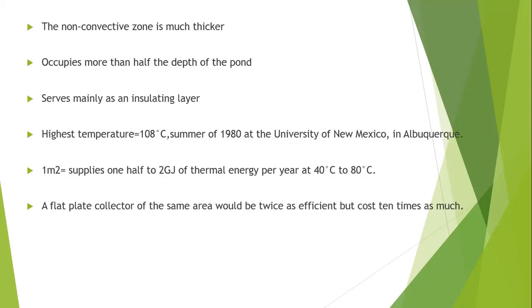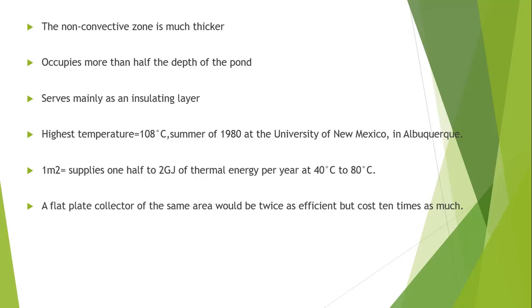This second layer, which is the non-convective zone, is much thicker. When compared to the others, it is much thicker and occupies more than half the depth of the pond. So half the pond is the non-convective zone, and of the remaining half, 1/4 is the upper zone and 1/4 is the storage zone.